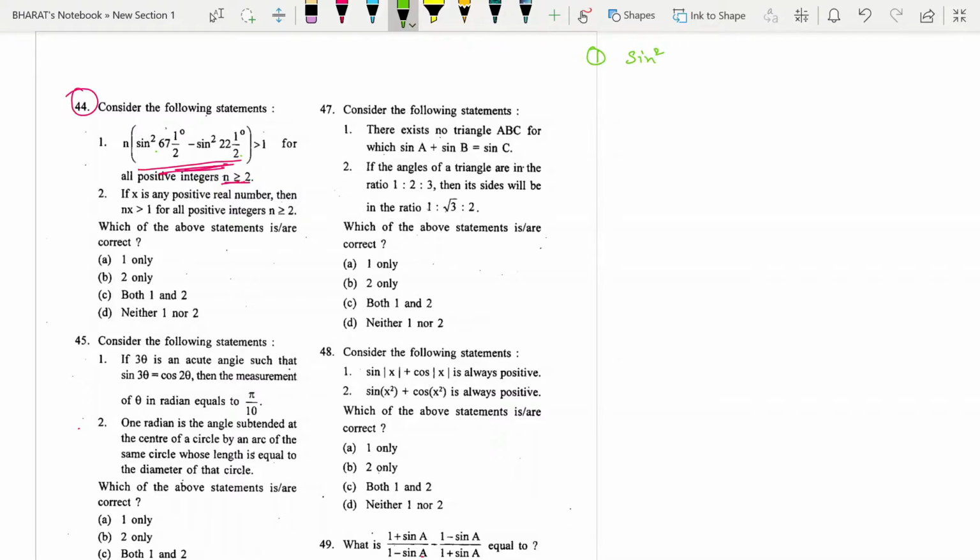If we open this, changing from mixed to proper fraction, it will be 135 degree upon 2, and the second one is sine square 22.5 degree, that will be 45 degree upon 2. Quite easy. Now sine square theta 1 minus sine square theta 2 can be written as sine of 135 degree upon 2, plus sine of 45 degree upon 2, in brackets, and the other one can be written as sine of 135 degree upon 2 minus sine of 45 degree upon 2.